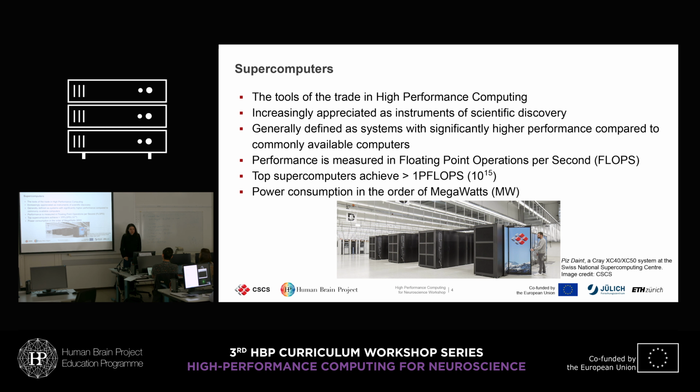The best supercomputers today can achieve more than 1 petaflops, more than 10 to the 15 floating point operations in a second. That's quite a lot. For example, this one in the picture here is Piz Daint, the flagship system of CSCS, and it's also one of the machines in the Fenix research infrastructure, and it's also open to HBP researchers.